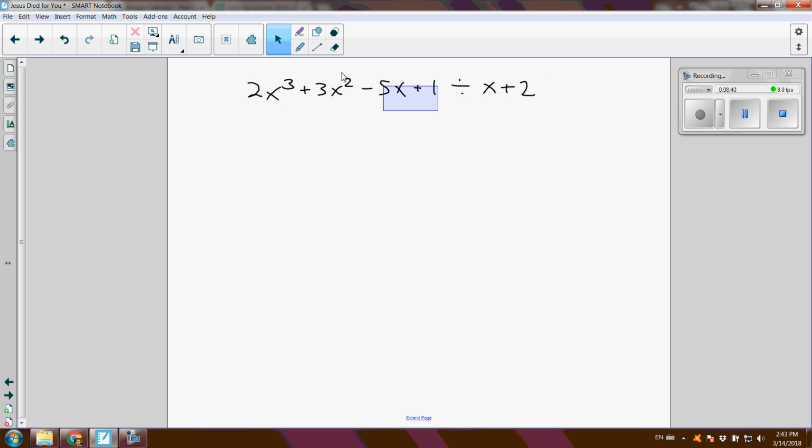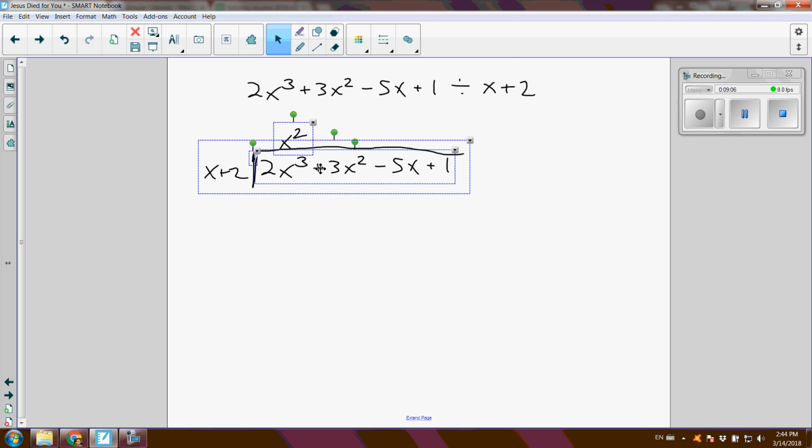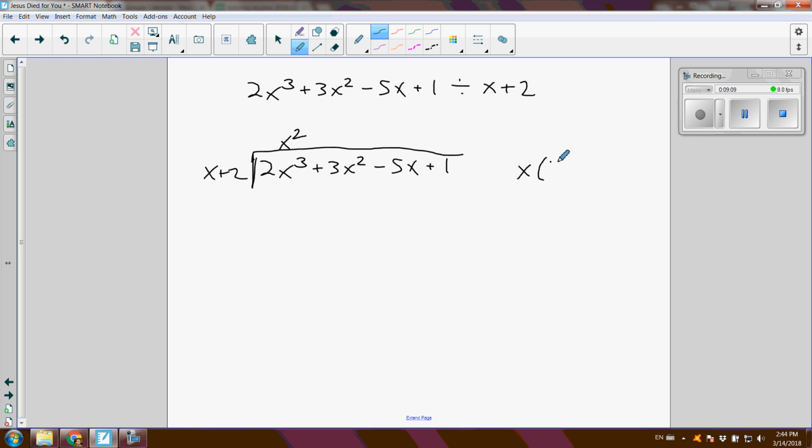So we take this first polynomial, and x plus 2 is what we're dividing by. X times what equals 2x cubed?